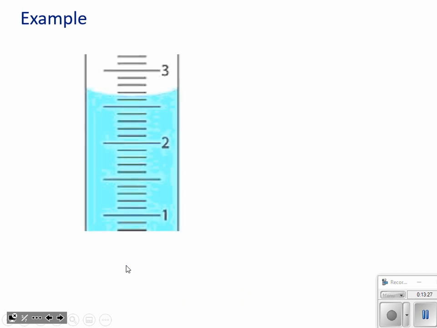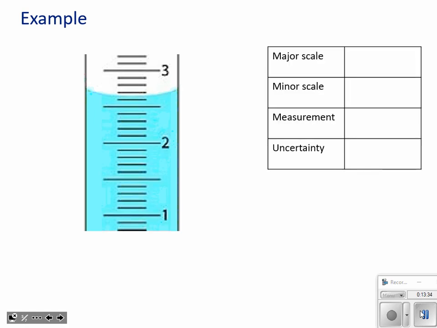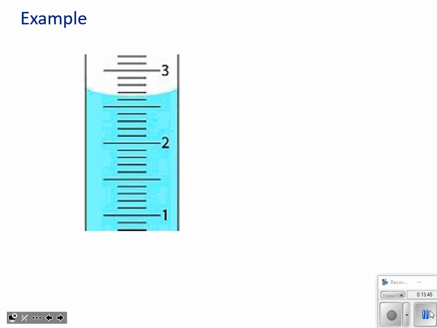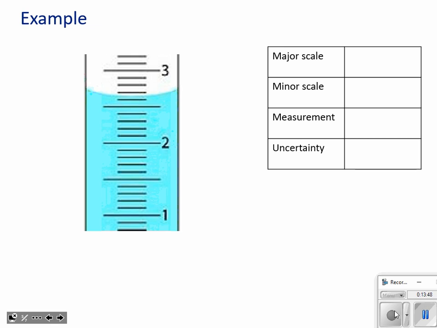Now we're going to do a little bit of a tougher one because we have a different scale here. We have a different measuring instrument. So go ahead and copy down the table, and we'll go from there. This piece of equipment here is going to be similar to your 10 milliliter graduated cylinder.